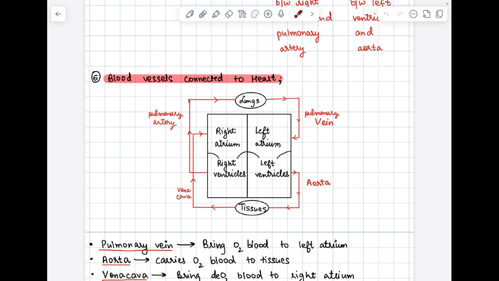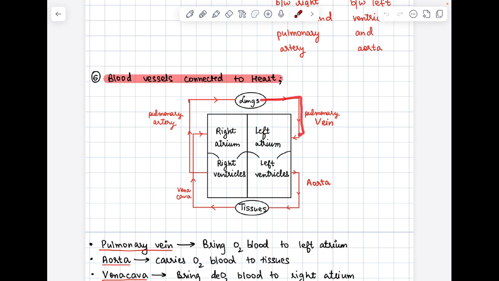So next is blood vessels connected to the heart. Here you can see that the same diagram is shown that you have already studied in class 10th. So let me explain you quickly.